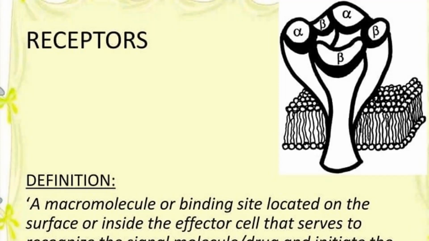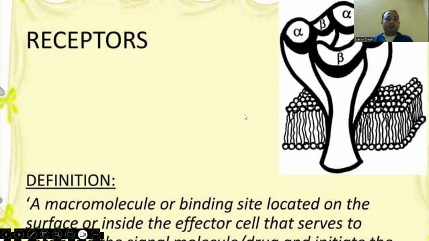If you're talking about drug-receptor interaction, then we should talk about some terms, that is agonist, antagonist, inverse agonist, partial agonists, etc.